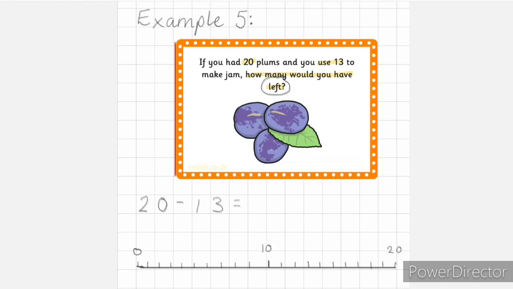So if we start at 20 and we count back 13, 1, 2, 3, 4, 5, 6, 7, 8, 9, 10, 11, 12, 13. Here we are, we're at number 7. So 20 take away 13 is 7. So we would have 7 plums left after we'd made our jam.